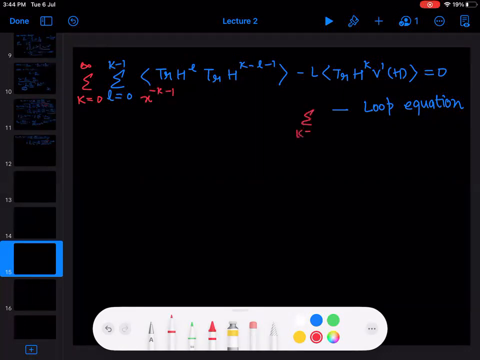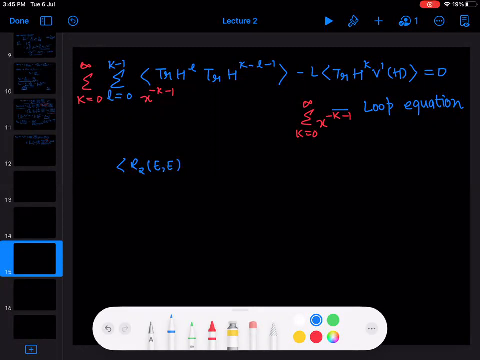Similarly here, you can check that once you do that, you have the equation in terms of the correlators of the resolvent.